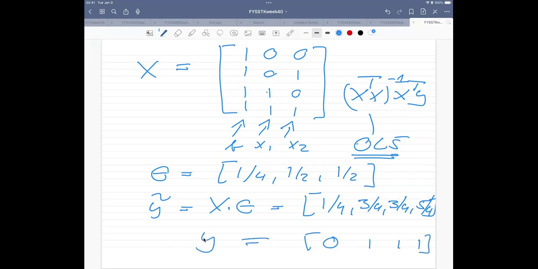And now you see what I can do is to say the following: if my result is 1/4, I put it to 0. You can actually put a threshold. If it's below 0.5, you put it to 0. If it's above 0.5, you put it to 1. So you're not going to get 0, 1, 1, 1, but you will get a set of numbers which you can interpret. And then you will set a threshold.